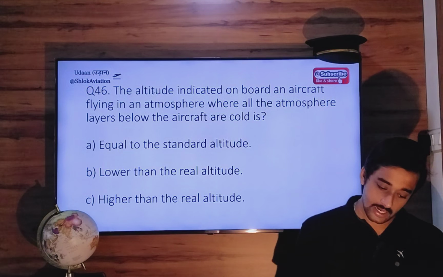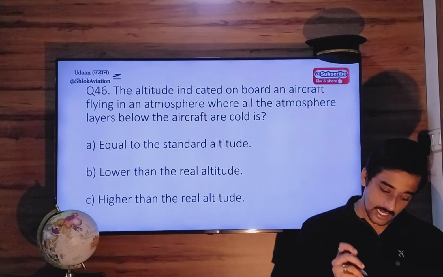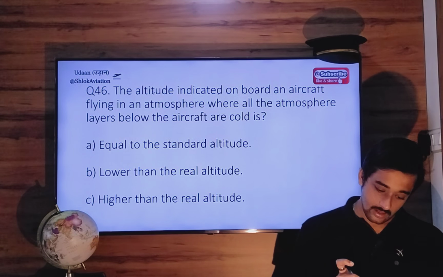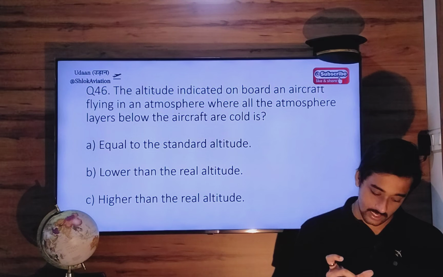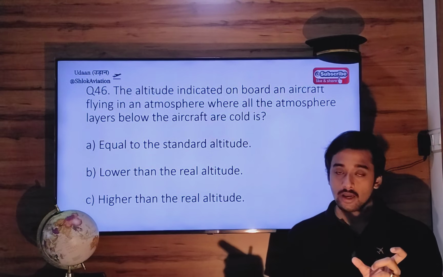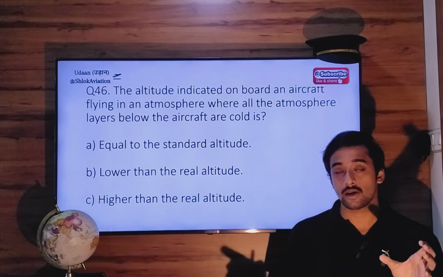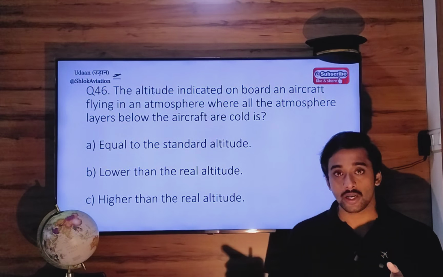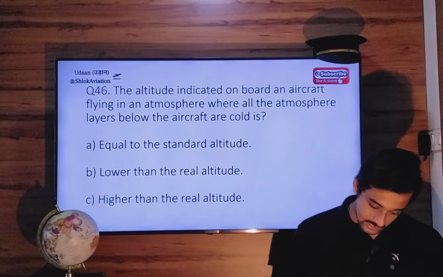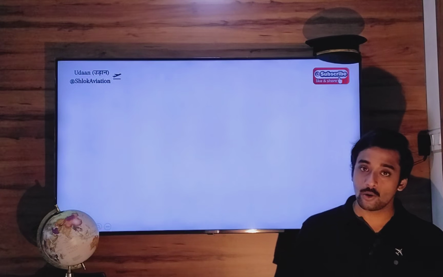Now altitude indicated on board, that means indicated altitude when you are flying in a colder air mass, what is it? Is it equal to true altitude, less than true altitude, more than true altitude? Here real altitude means true altitude.